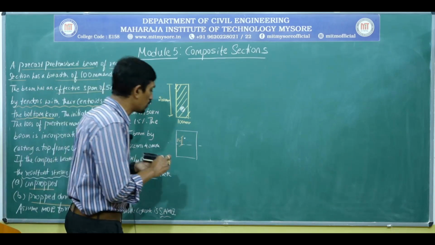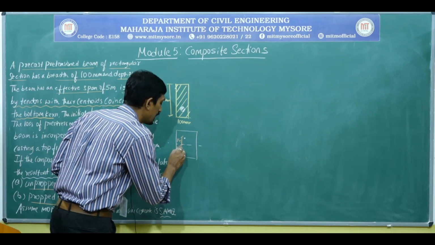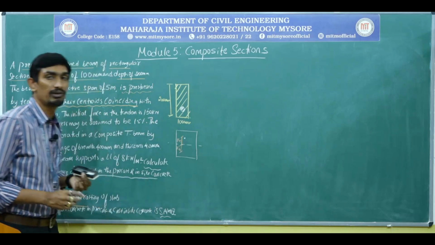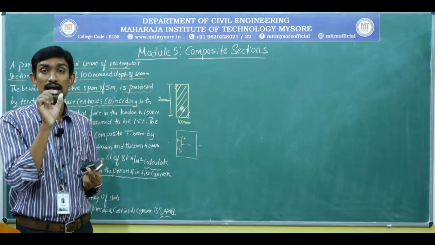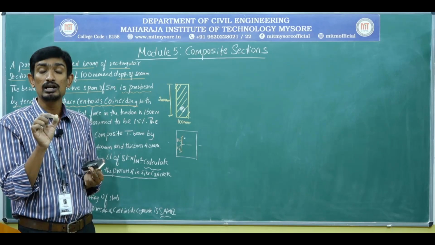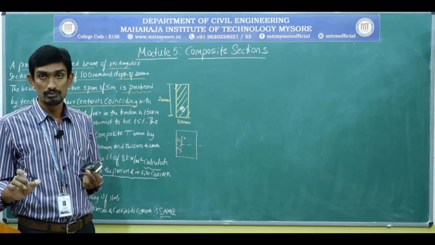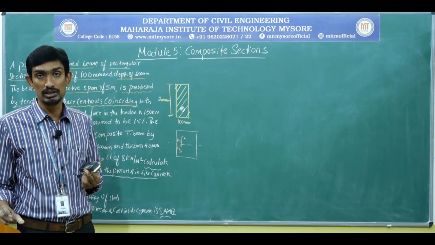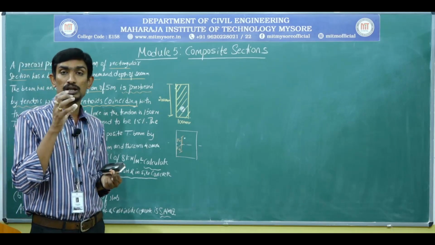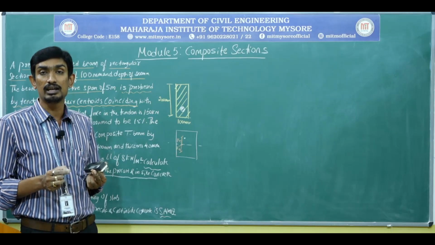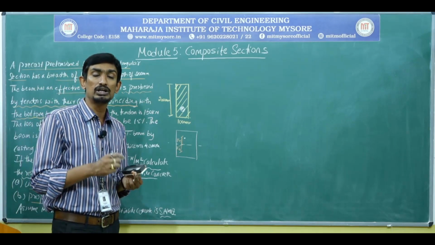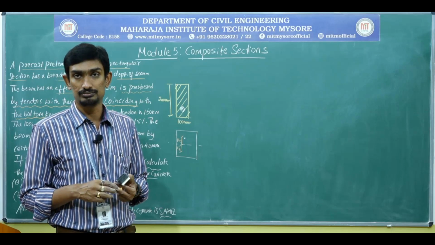Like that, KB is the distance located from the centroidal axis of the section up to the steel or tendon. We calculated the KT and KB distances while doing the design of flexure.